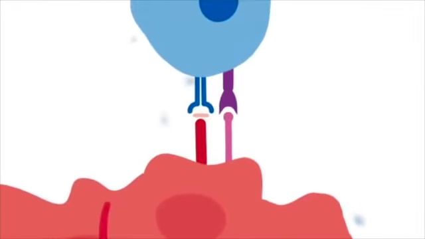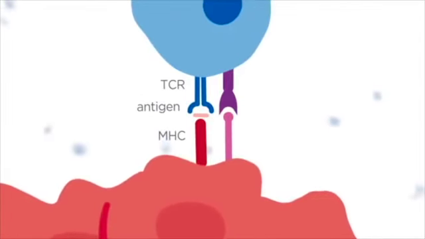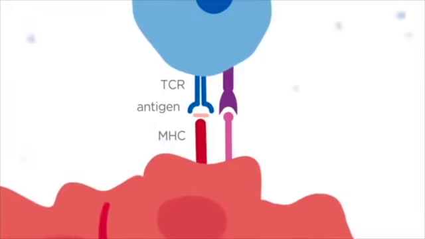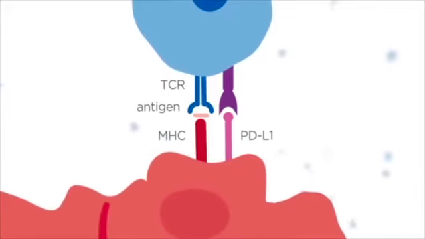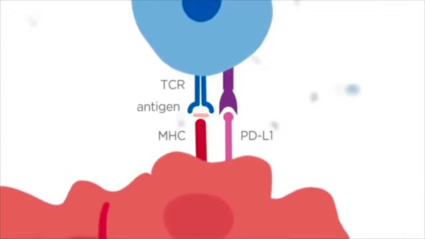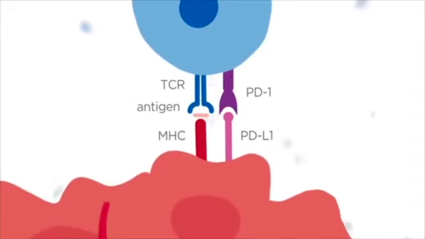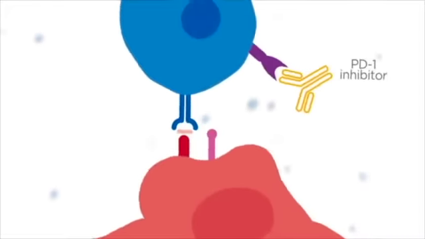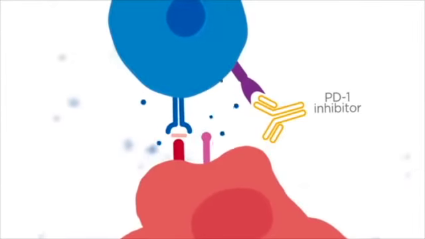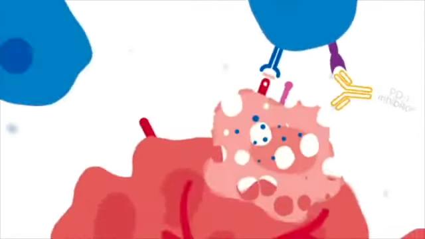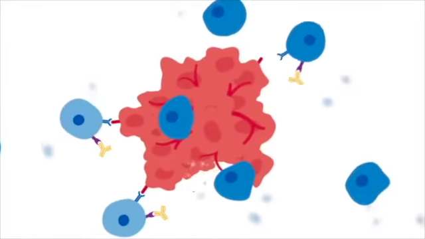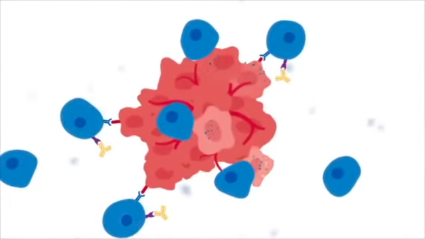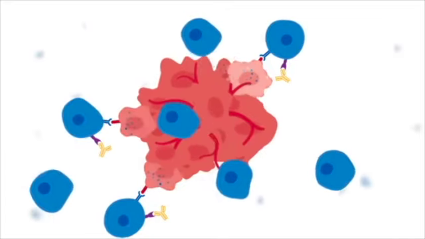However, tumors can often disarm the activated cytotoxic T cells by expressing proteins such as PD-L1 on their surface, which binds to the PD-1 receptor on T cells and suppresses their tumor-killing functions. By combining the STING agonist with a PD-1 inhibitor, the cytotoxic T cells can remain active, and greater anti-tumor activity may be achieved.